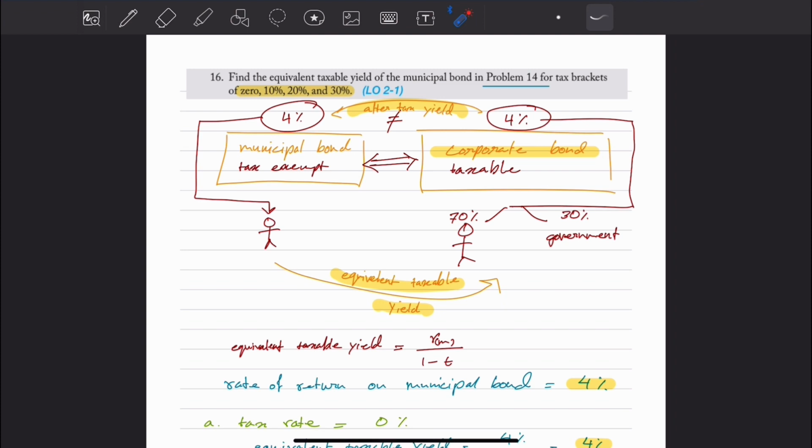Okay, we can either take the taxable bond and calculate the equivalent after tax yield, to compare between the corporate bond and the municipal bond, or we can take the rate on the municipal bond and calculate the equivalent taxable yield. Okay, as long as you understand this, you should not have any problem with any scenario or any style of question that you might get on this specific topic, on comparing municipal bonds and corporate bond yields.